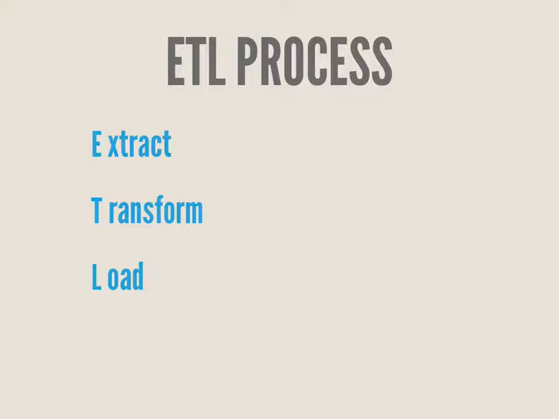Once you know that, you need to transform it, because often the source data is not in the right form for your destination. So you need, what I call it, to massage it. You need to convert things, remove data, do calculations, whatever you need to get it in the right shape. And once it is in the right shape, you need to load it into your destination. And that's, in a nutshell, what the Migrate module does for you.